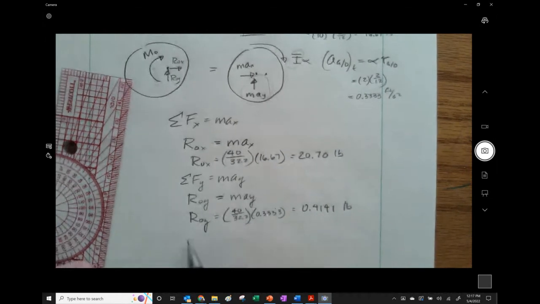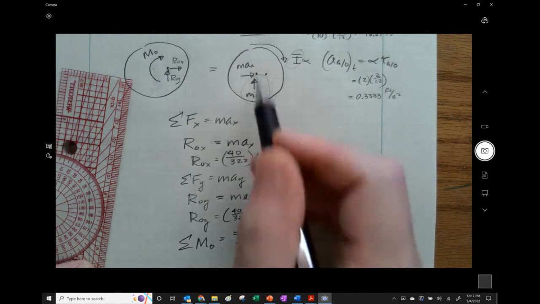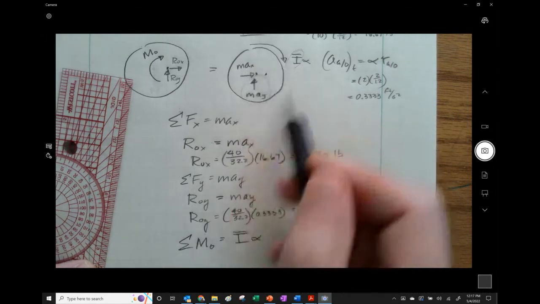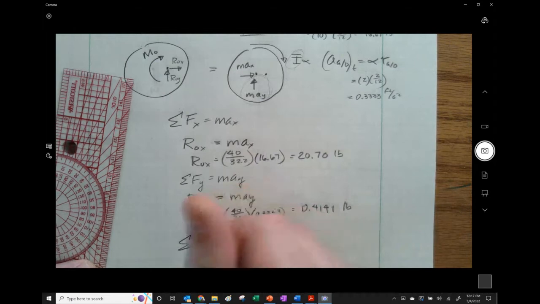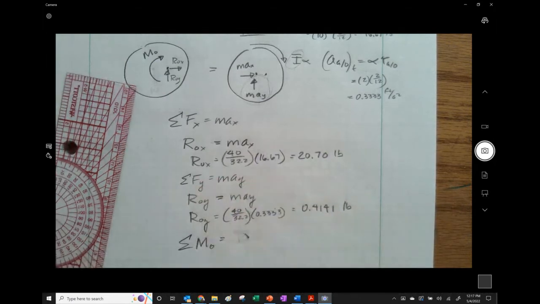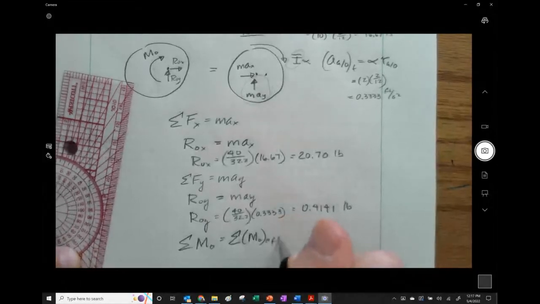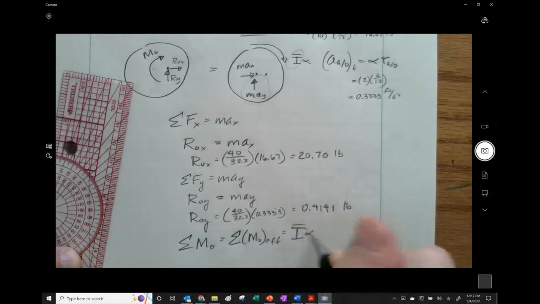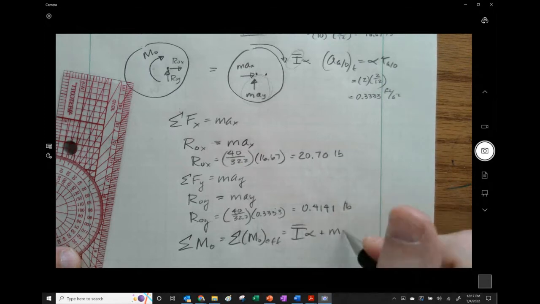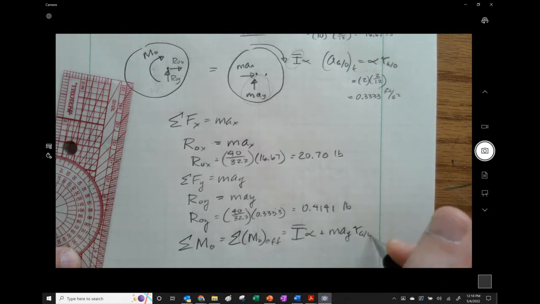And then, let's see, lastly, the sum of the moments about O is going to be equal to I alpha, but also the effective moments, right? So actually, I should write, as a reminder, the sum of the effective moments is going to be I alpha plus m a_y times the distance r_G/O, right?